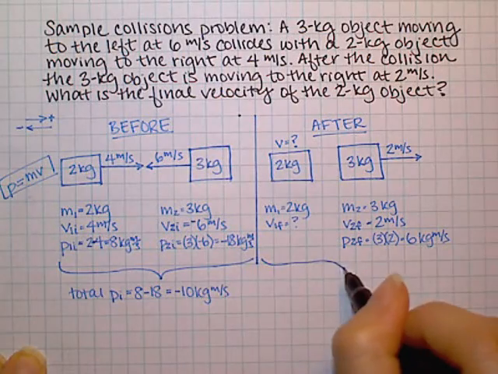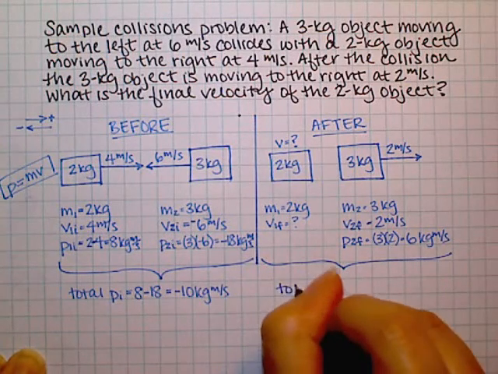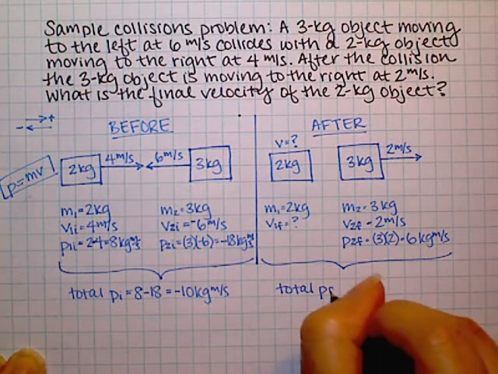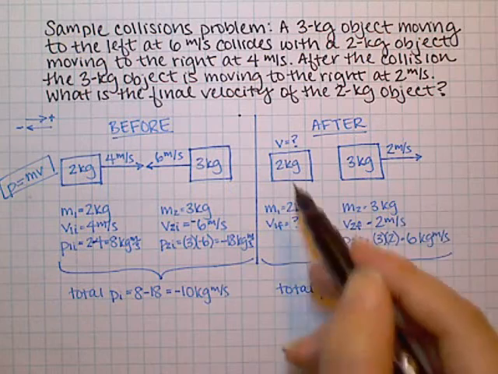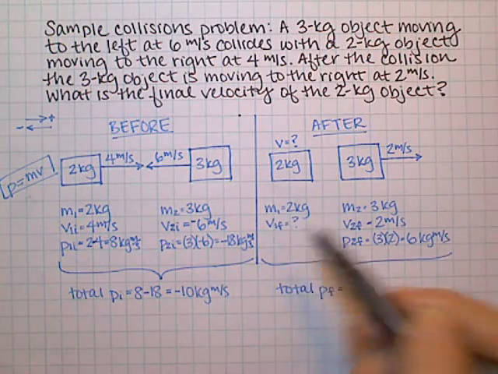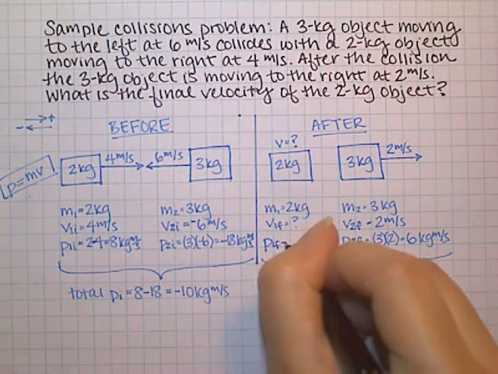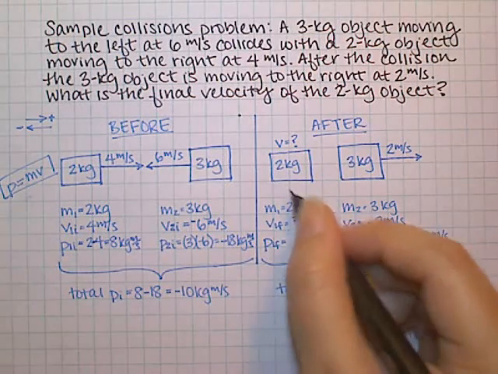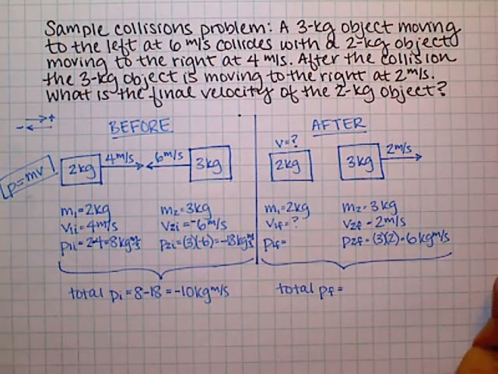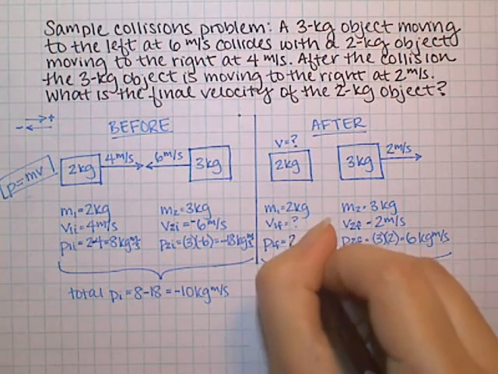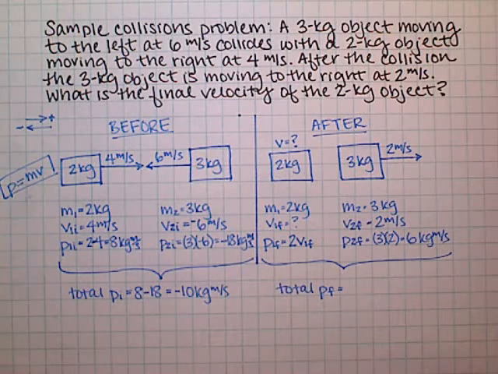Let's repeat that same process over here on the right. So the total final momentum of my system is going to be equal to, first of all, the momentum of this, which I don't know yet. But I do know that whatever the final momentum of my first object is, it's going to be equal to the mass times the final velocity. So that's just 2 times the final velocity of my first object.